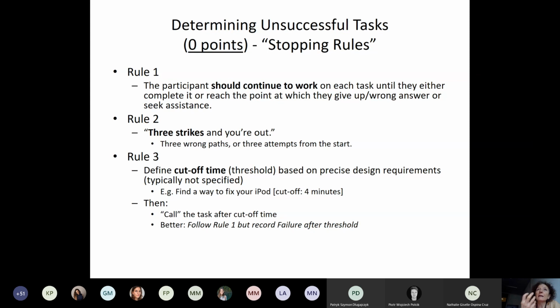When tasks are unsuccessful, you have to define if you want to keep the user trying, or you say, okay, try it 3 times and then you're out, or there is a cutoff time. After a given amount of time, you tell the user, okay, no problem, try the next task.